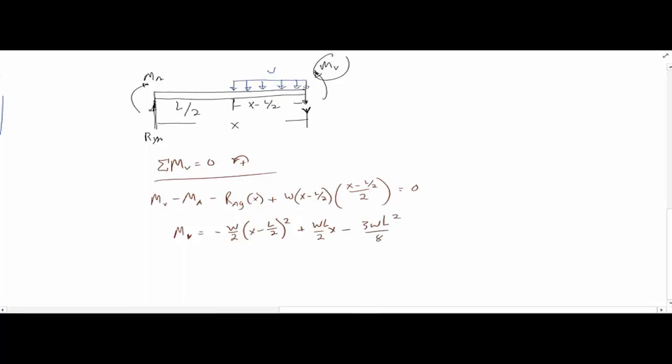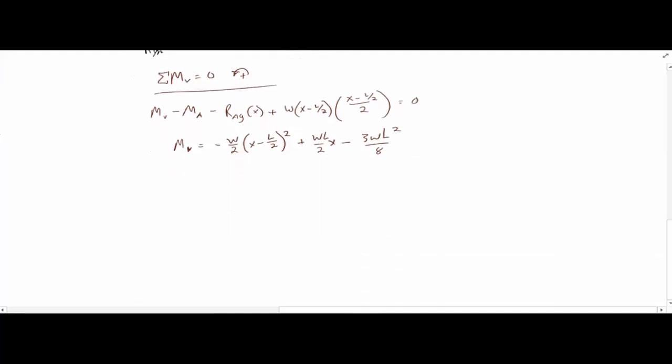And then we can reduce this further and actually say our moment then equals negative wx squared over 2 plus wLx minus wL squared over 2.